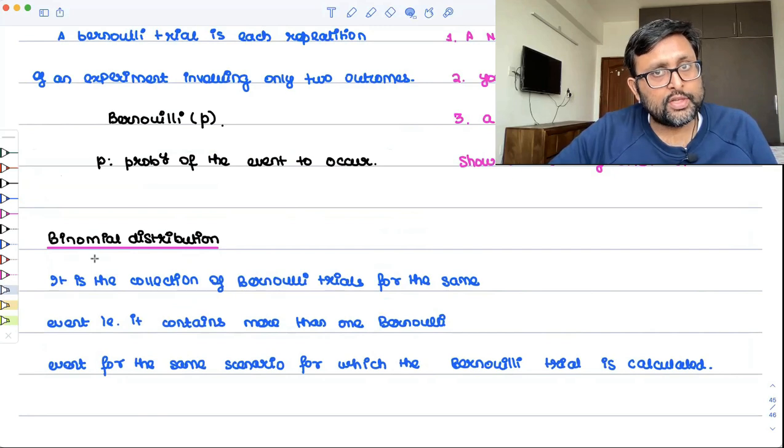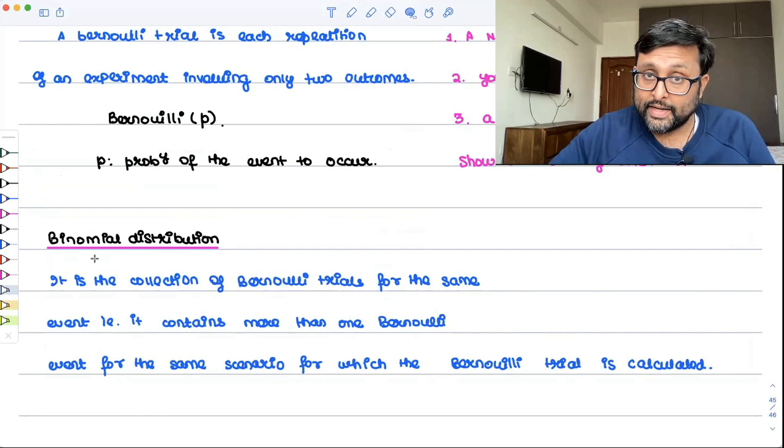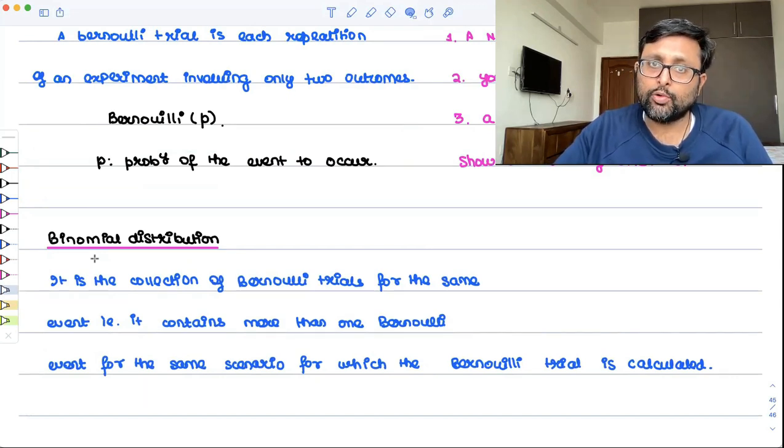So we are often interested in finding out the outcomes or the probability of more than one or the repeated independent Bernoulli trial, right? I've told you about independent. The outcome of one trial is not going to affect the outcome of the other.